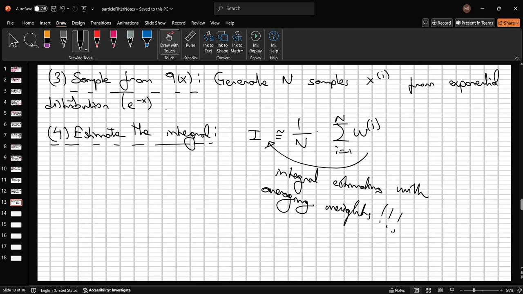This is an easy solution for computing the integral or the maximum probability values for given data. Okay, so in the next lesson I will solve two examples, Monte Carlo and this one, in MATLAB.